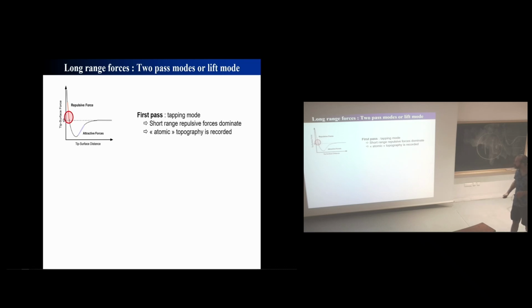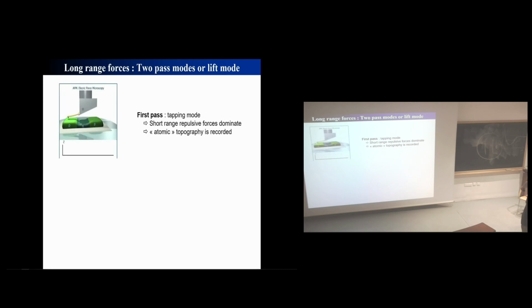So how is it possible to measure long-range forces? This is the concept of two-pass mode or lift mode. In the first pass, you use tapping mode, and you use a set point strong enough to make the short-range repulsive forces dominate all other forces. It's quite easy because other forces usually are quite small. Thanks to this, you can determine the atomic topography.